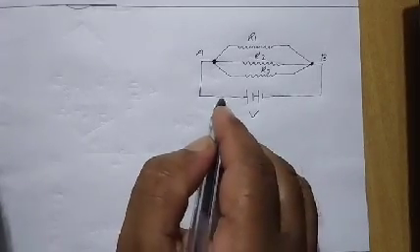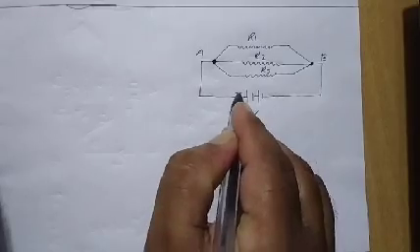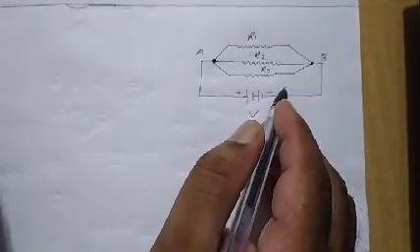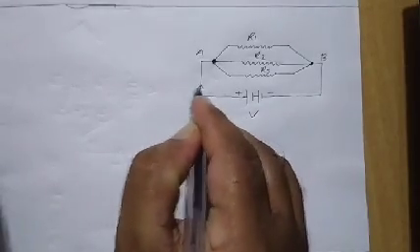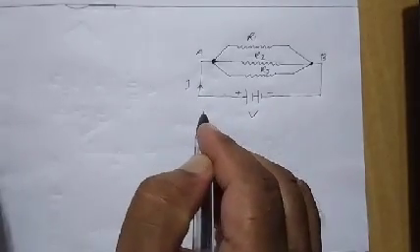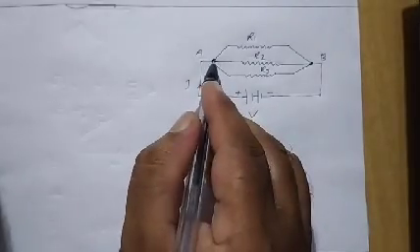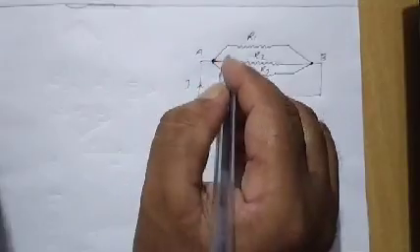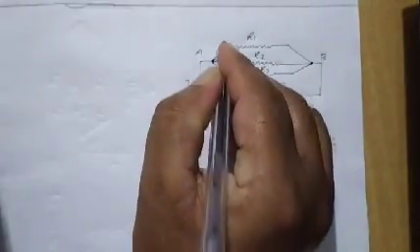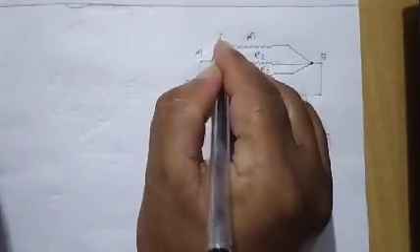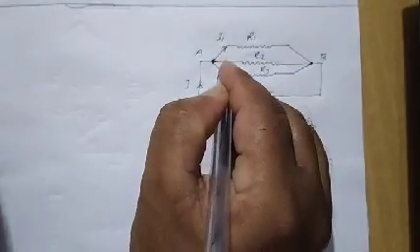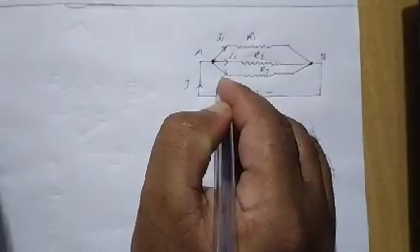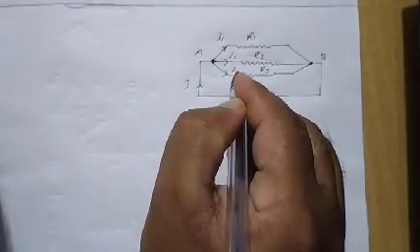Now a current will flow, from the positive terminal to the negative terminal. Let a current I be flowing through the combination. At the point A, this current will divide into three parts. Say through R1 the current flowing is I1, through R2 the current flowing is I2, and through R3 the current flowing is I3.